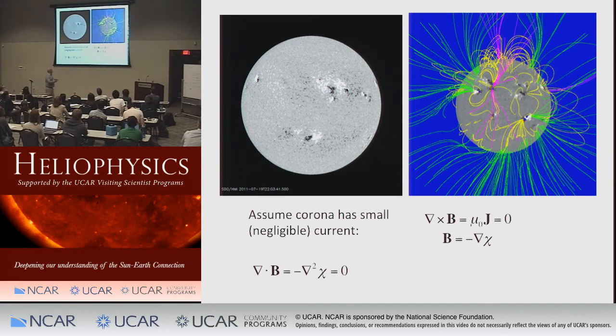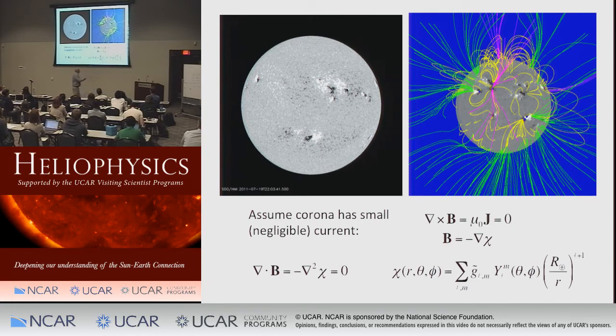In the corona and the solar wind, the material is very sparse there. So there aren't a lot of charge carriers. The current is very small. So we could say that J is equal to 0 there. Once again, we can write B as the gradient of a scalar, and that scalar has to be harmonic. So we use spherical harmonics to expand the sun's magnetic field the same way we do for the Earth's magnetic field.